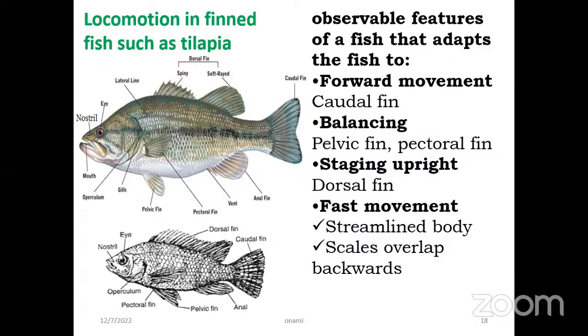Actually, we calculate it as a percentage by measuring. We measure the length of the fish from the mouth to the tip of the tail, and then we measure the length of the tail from the tip of the tail to the anus, where we have the anal fin. Then we say the length of the tail over the total length of the fish times 100.